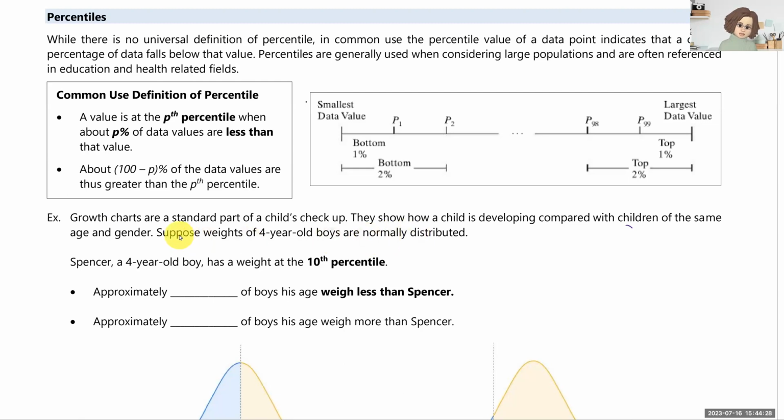All right, and I'm going to add an additional piece of information. So let's say we know that weights of 4-year-old boys are normally distributed, and let's say that the mean weight, so I tried to look up and get an idea of about what the mean weight of a 4-year-old boy in the United States would be, and I'm going to go with 36 pounds. So the mean weight is 36 pounds.